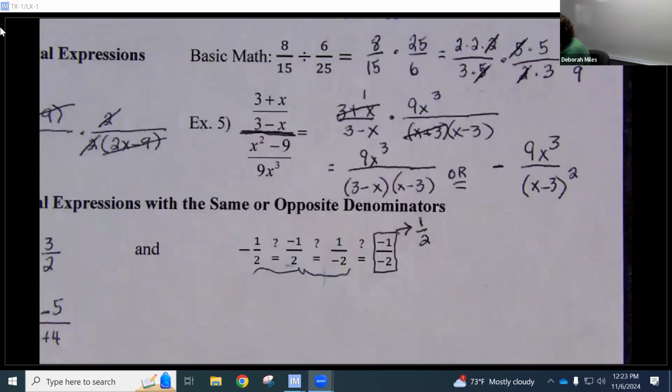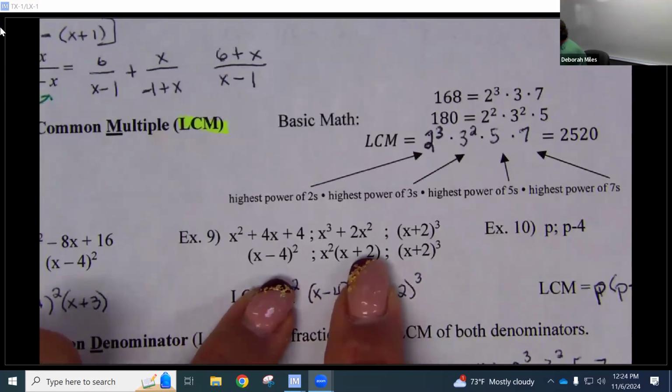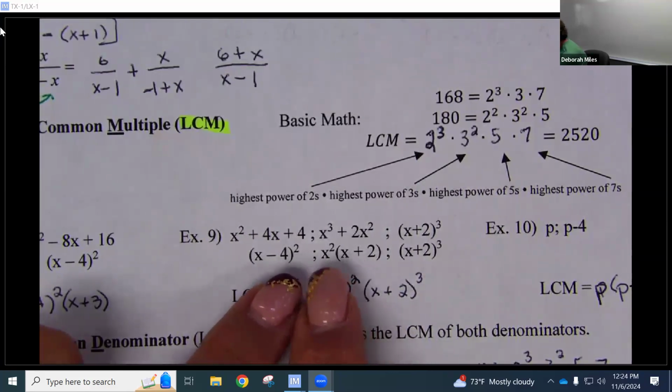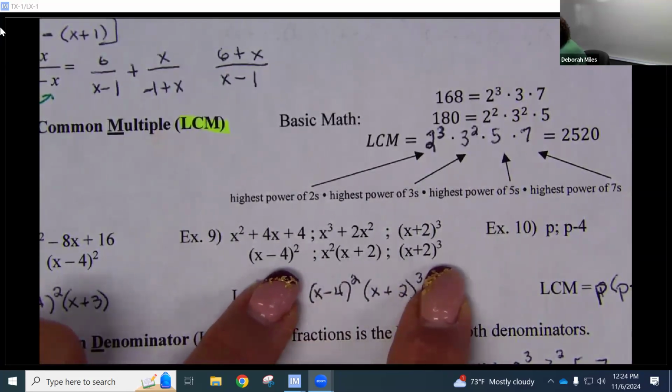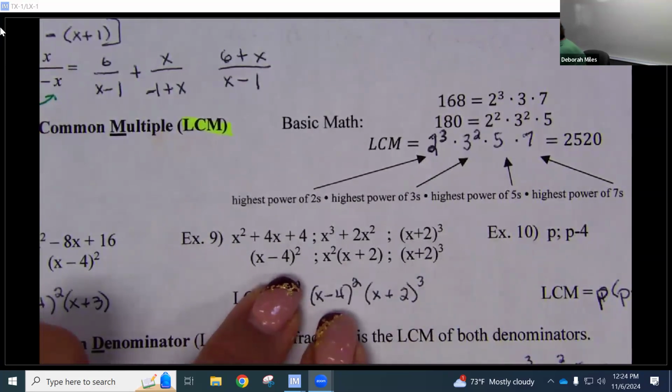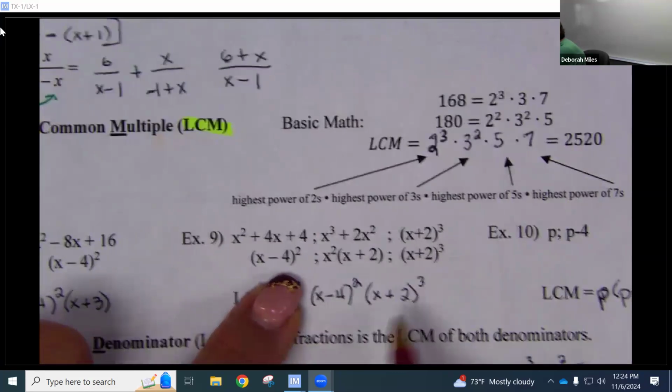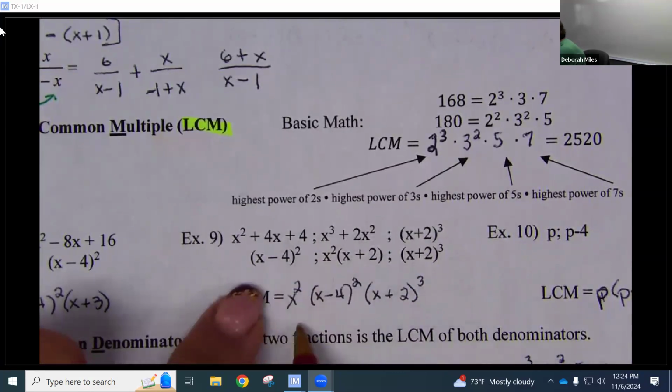Okay. Let me show you something on the front page, best way to answer that. Here on example 9, when we said it has to have the highest power of each factor, that was an x minus 4 squared, and it was an x plus 2 cubed, but it also had to have this x squared.